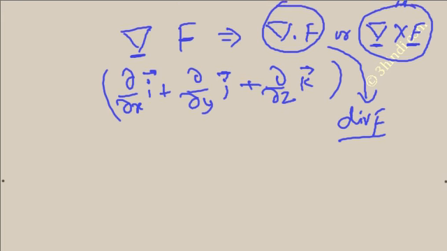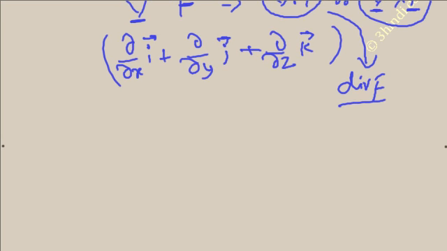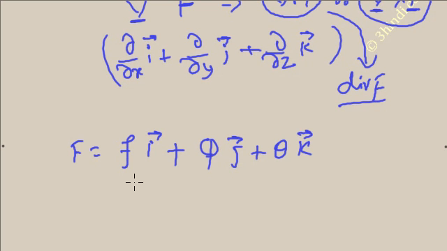Suppose F is written as f i plus phi j plus theta k, where f is a function of x, y, z, phi is another function of x, y, z, and theta is another function of x, y, z, and del you already know.